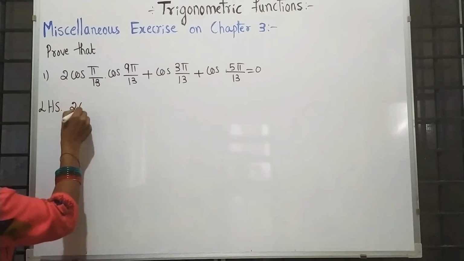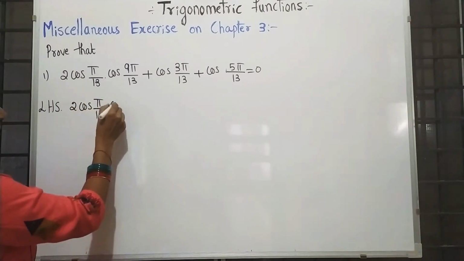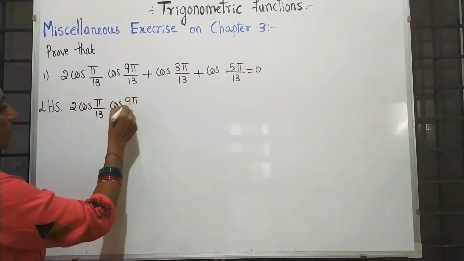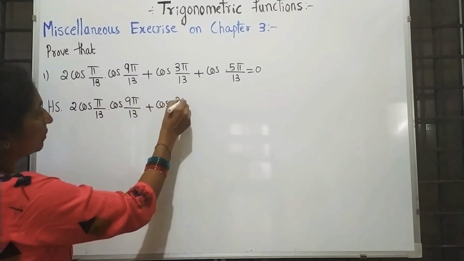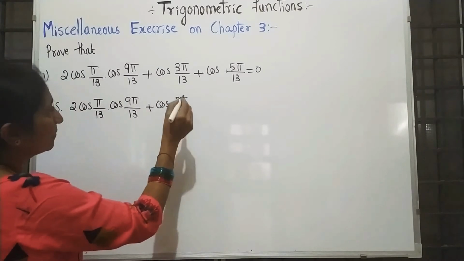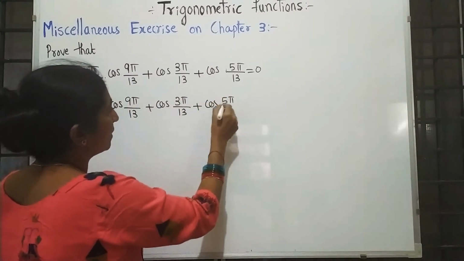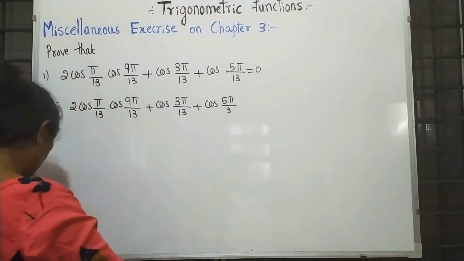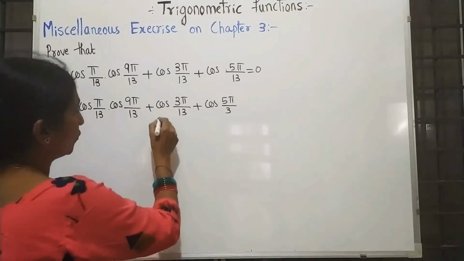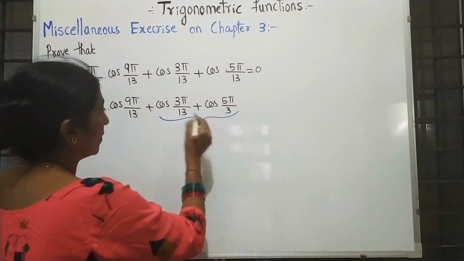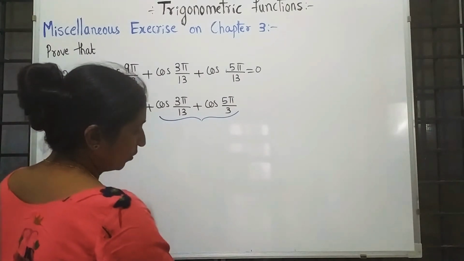See here: 2 cos(pi/13) cos(9pi/13) + cos(3pi/13) + cos(5pi/13). For the last two terms I am applying cos C plus cos D. I will give you the formula on the side.